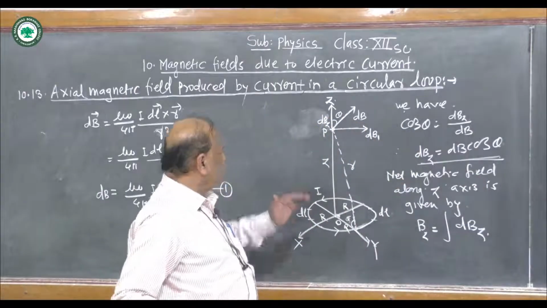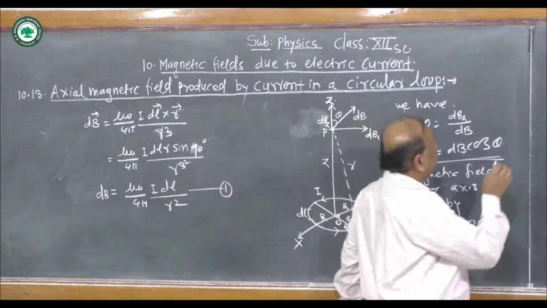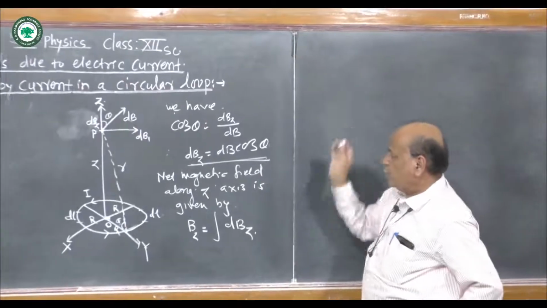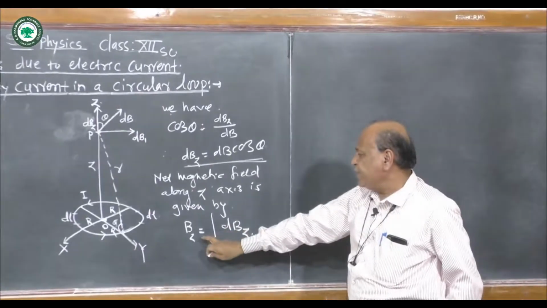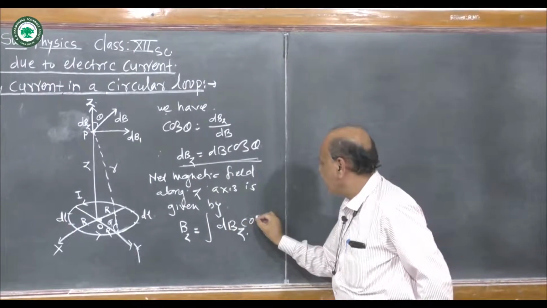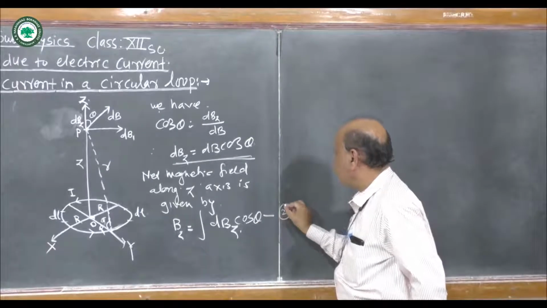Okay, and now we obtain the net magnetic field, dBz equals dB cos theta. This is equation 2 here.